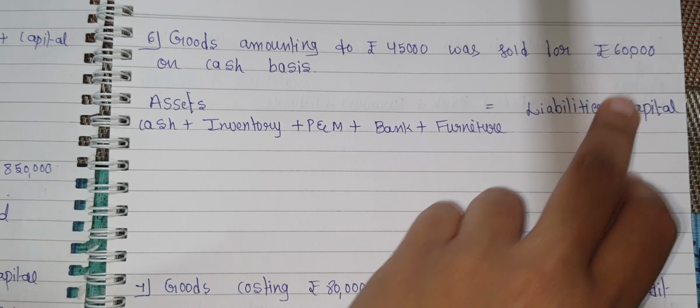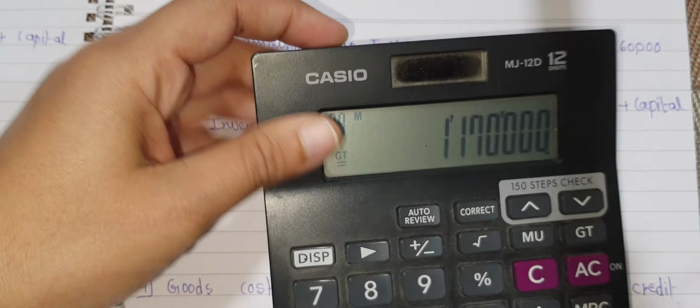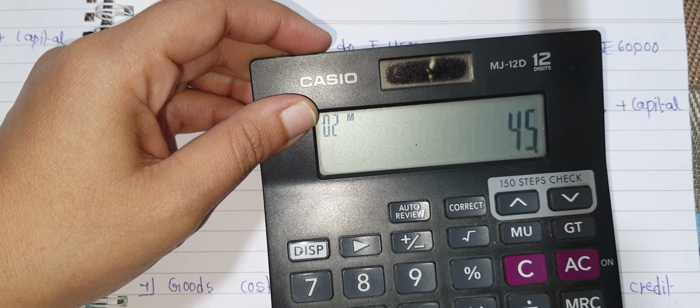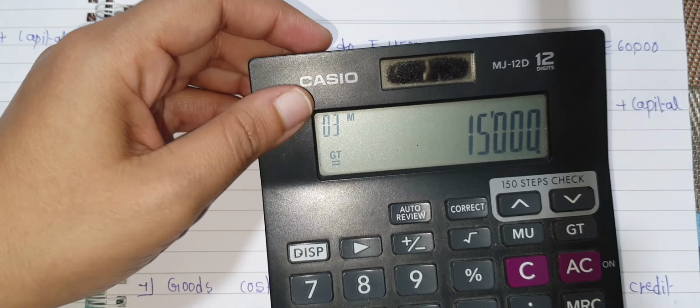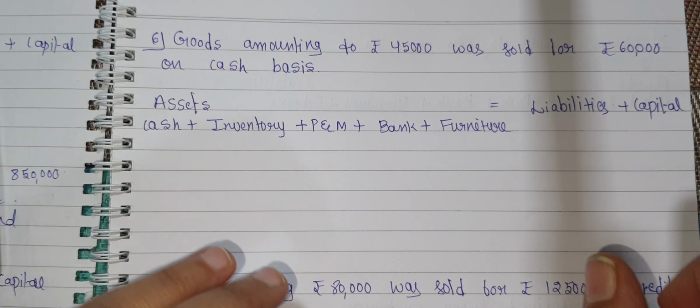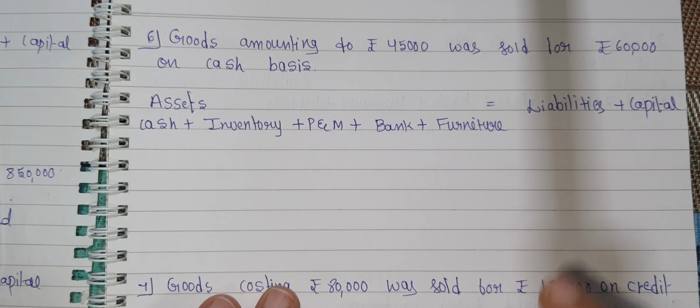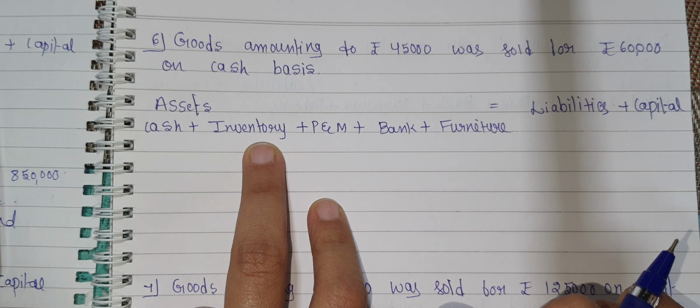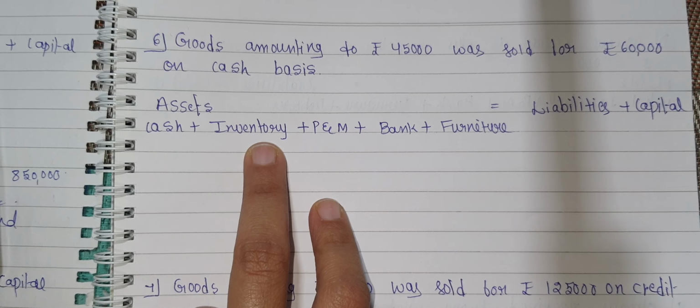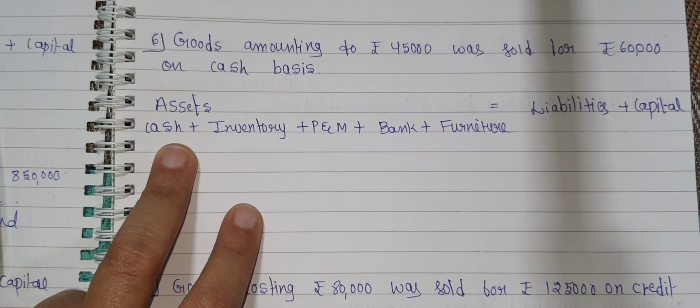Means here there is a profit of rupees 60,000 minus 45,000, that is rupees 15,000. Means capital will increase by rupees 15,000. So now we will solve the problem.